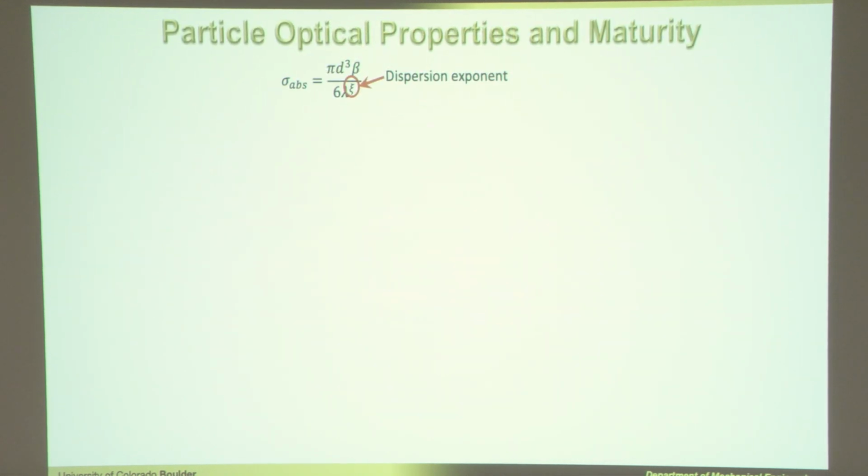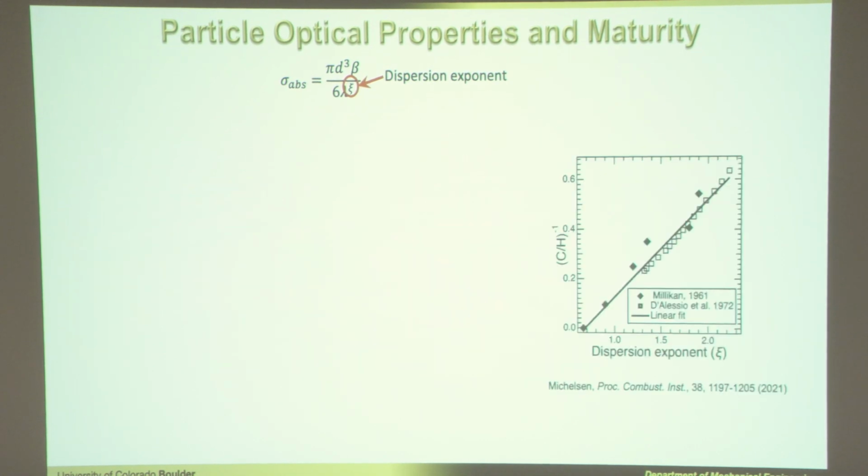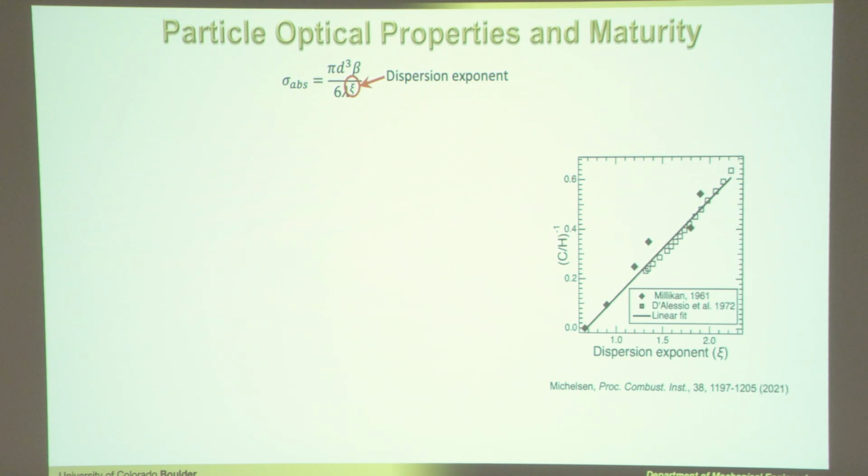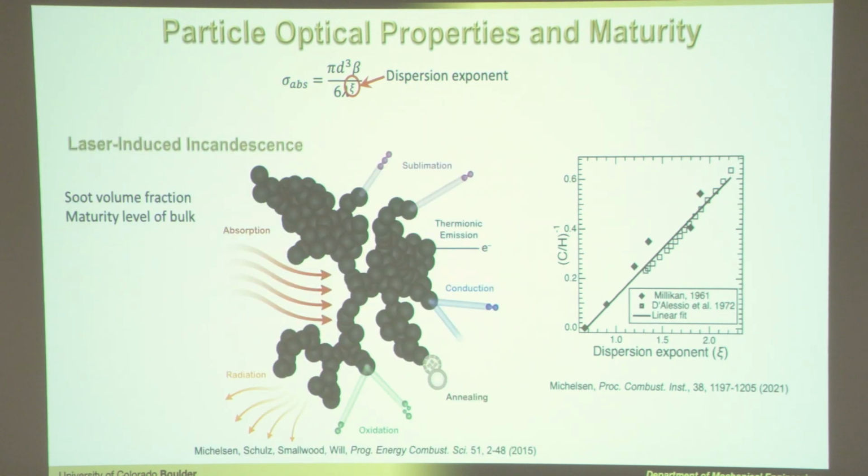Okay, so what we did is combine a number of different types of measurements to see if we can sort out what's going on. We can make these measurements of particle maturity using our dispersion exponent, right? We used laser-induced incandescence, which is a technique where you don't have to worry about scattering because you're only sensitive to absorption.